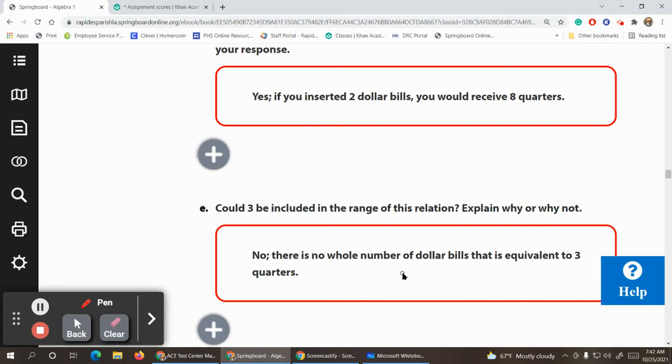You're getting less than you put in. You're going to see a manager saying, hey, this machine just took me for a quarter, right? Something's wrong. So can 3 be an input? No, because there is no whole number of dollars that is equivalent to 3 quarters.